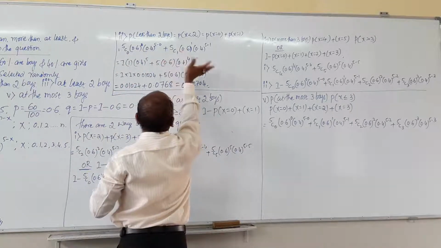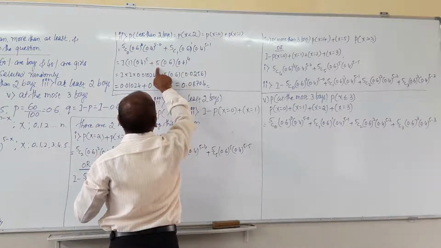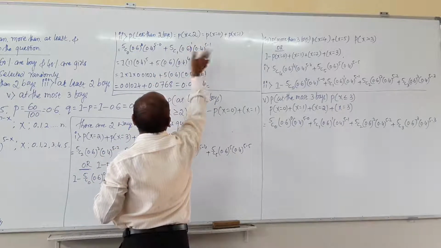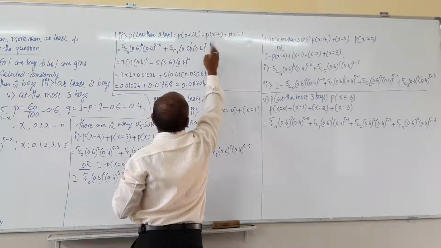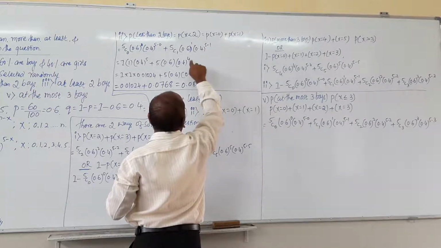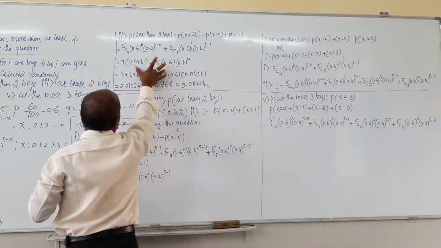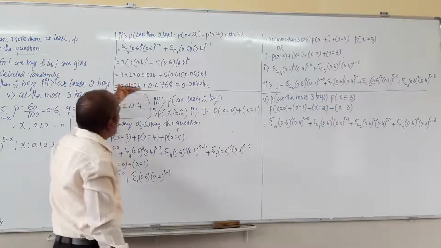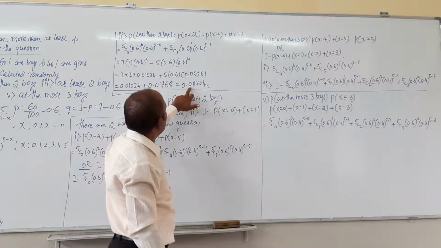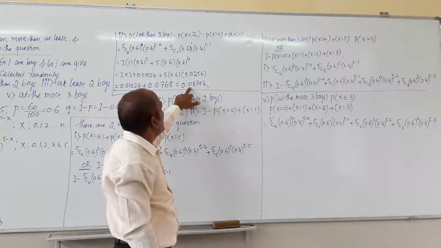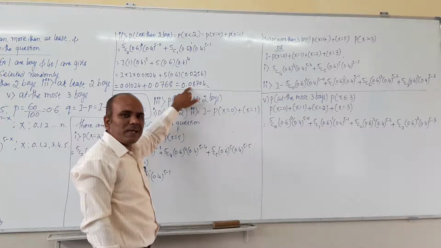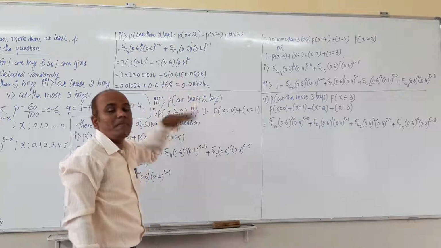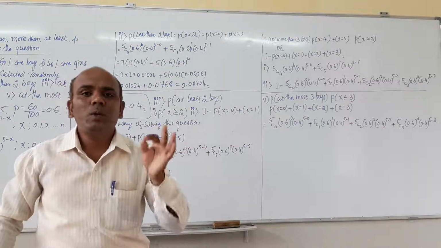And 5C1 simplifies to 5, 0.6 raised to 1, then 0.4 raised to 5 minus 1, that is 4. This is the simplified form. Then after simplifying, finally you will get the result, 0.08704. This is the final answer for this second question, less than 2 boys.